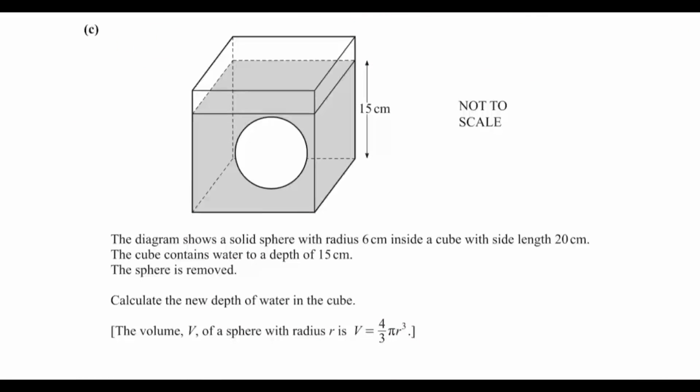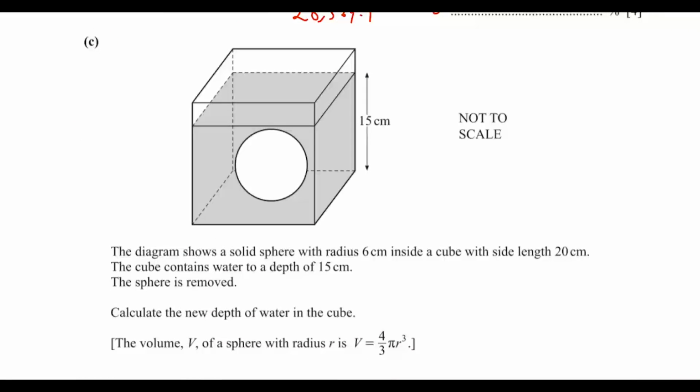The diagram shows a solid sphere with radius 6 centimeters inside a cube with side length 20 centimeters. The cube contains water to a depth of 15 centimeters. The sphere is removed. Calculate the new depth of water in the cube. This is very simple.